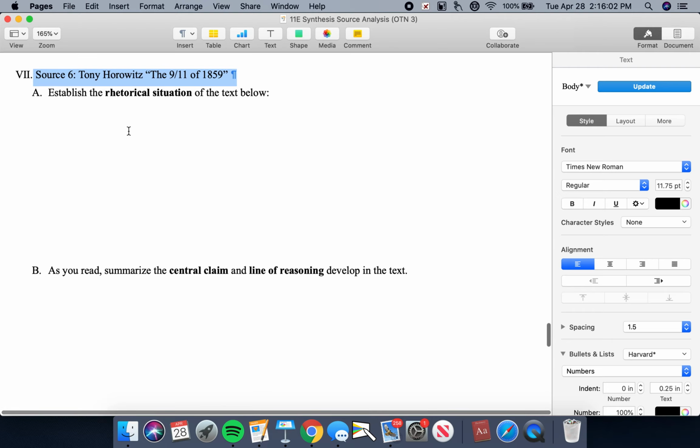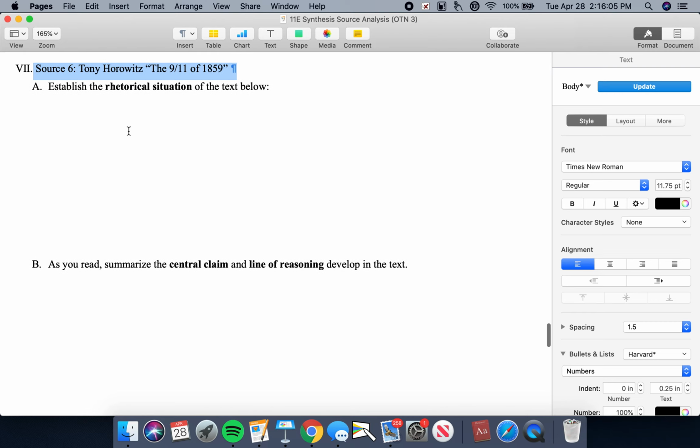Okay, so the rhetorical situation of the document: it was written in the 21st century after 9/11. Okay, and it's in 2009 during the ongoing war on terror.